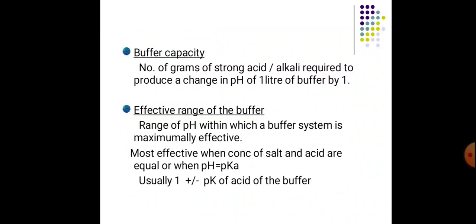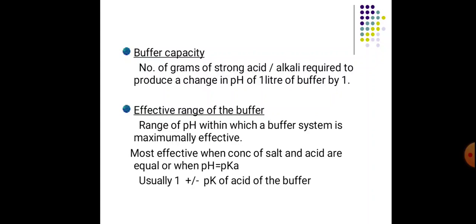So, what is buffer capacity or buffering capacity? It is the number of grams of strong acid or alkali required to produce a change in pH of 1 liter of buffer by 1. The buffering capacity depends upon the concentration of salt and acid or alkali.